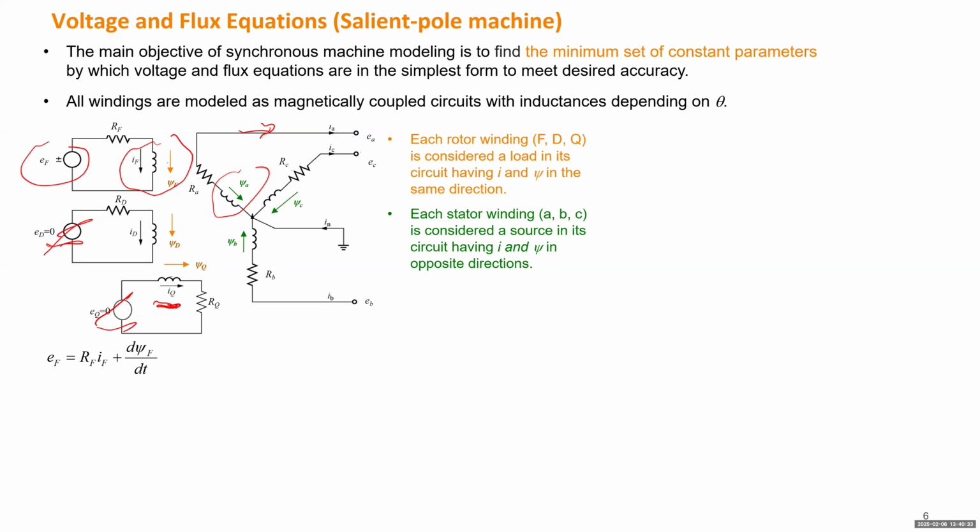So the voltage drop on the resistance, then the voltage drop on this winding, which will be equal to the derivative of this flux linkage with respect to time.